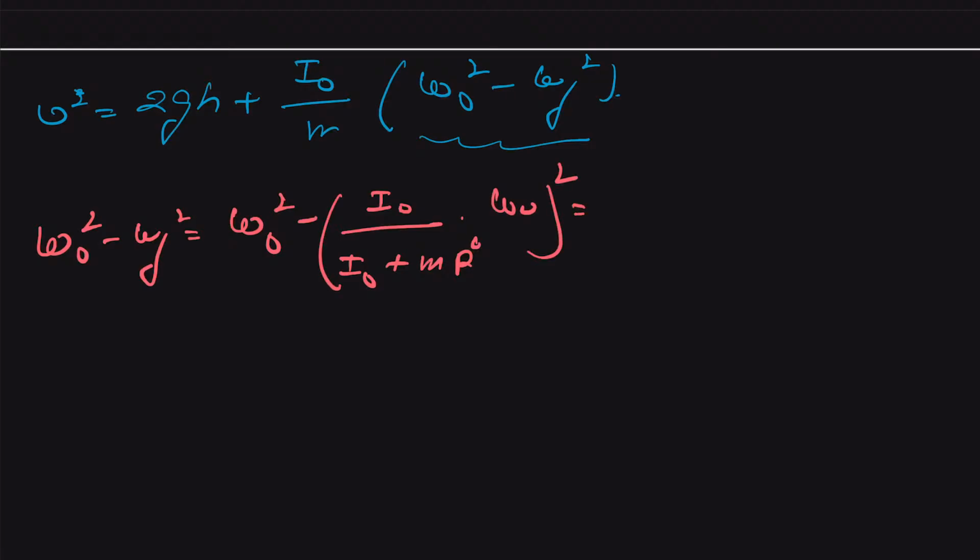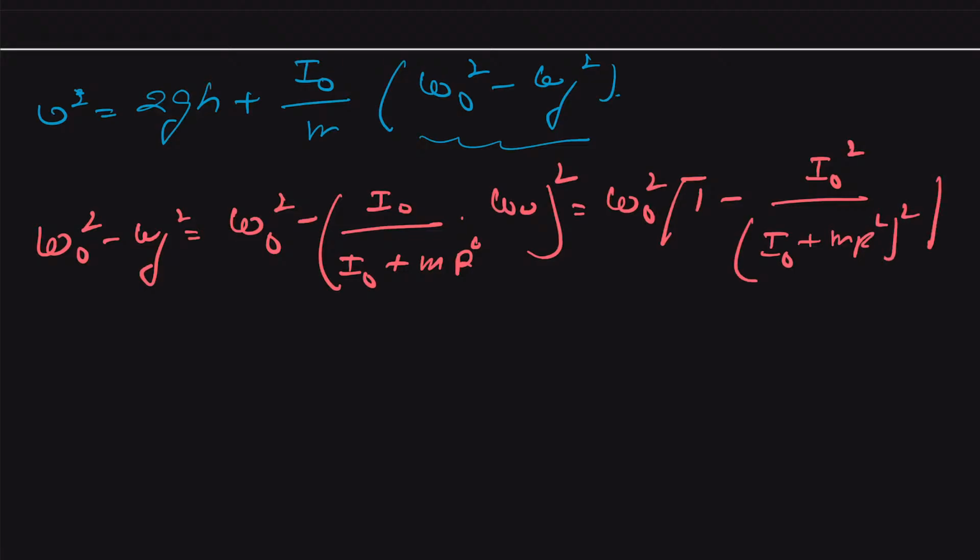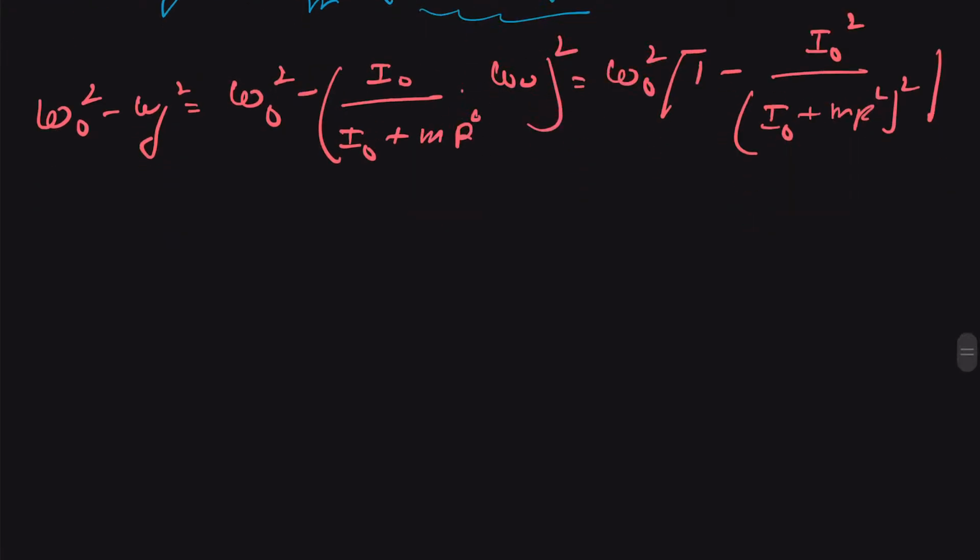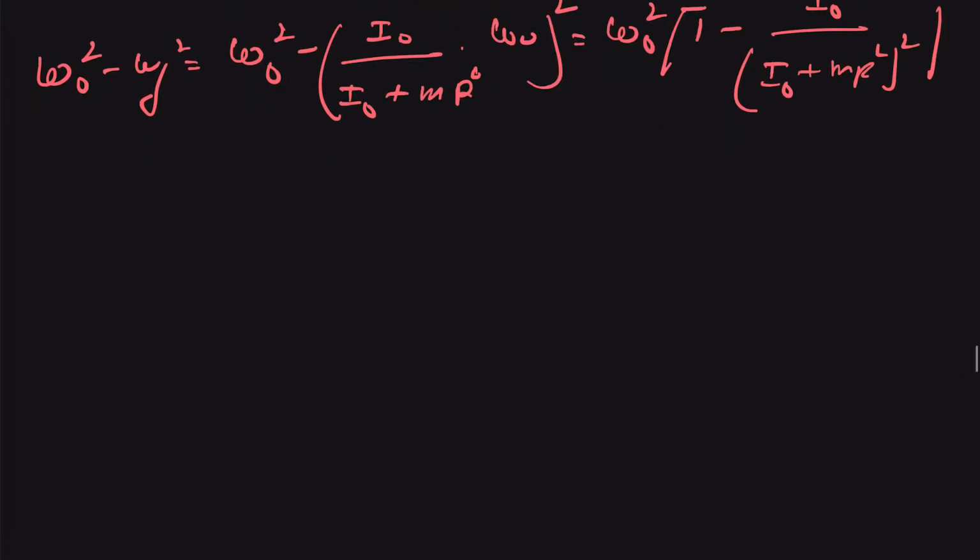So we can take omega naught square as common, and we get 1 minus I naught square over I naught plus m r square whole square, and we can take the LCM and solve this.